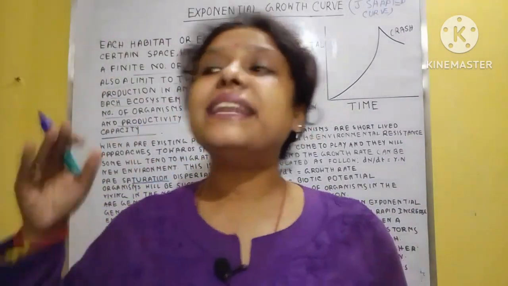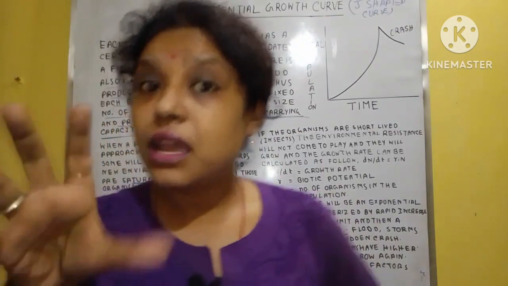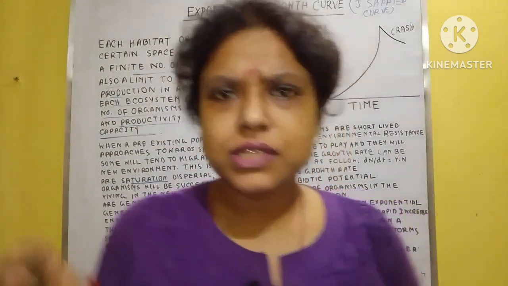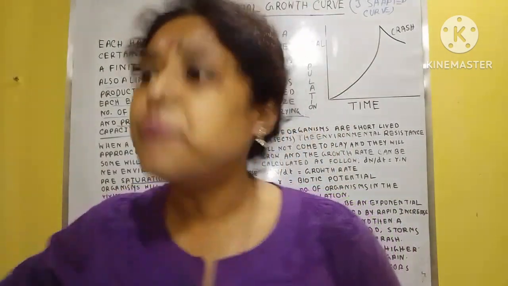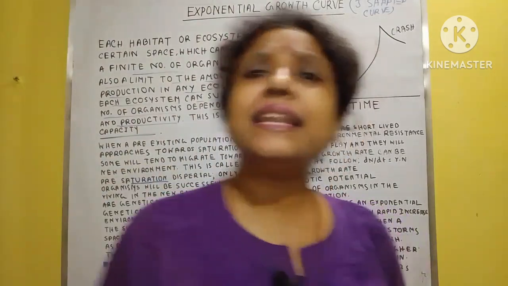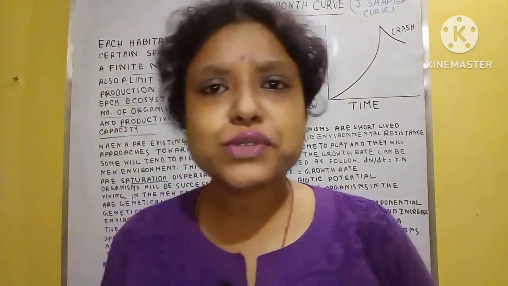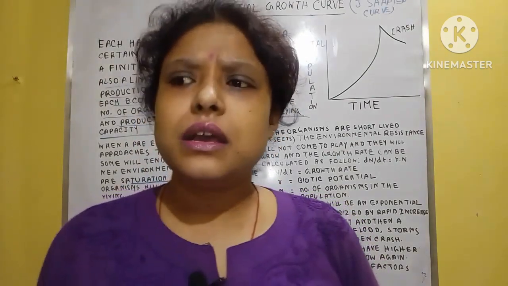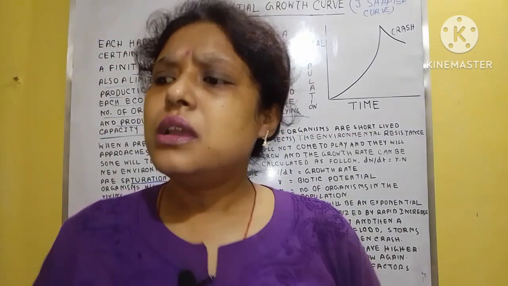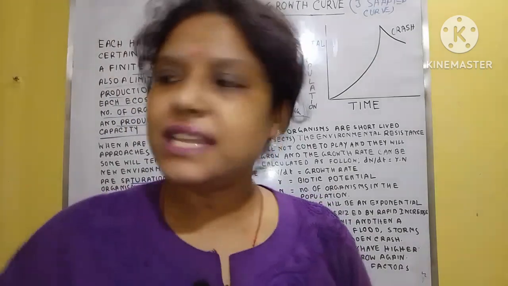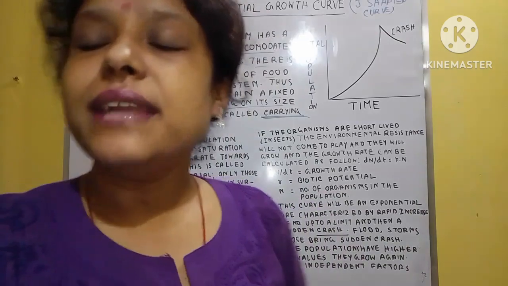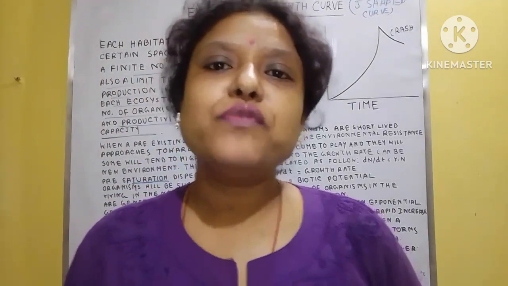Clear? And as the individuals in the new habitat are very few, they can easily get food resources and shelter without fighting other individuals or among themselves. So they reproduce more and more in the new habitat and produce the maximum number of individuals.